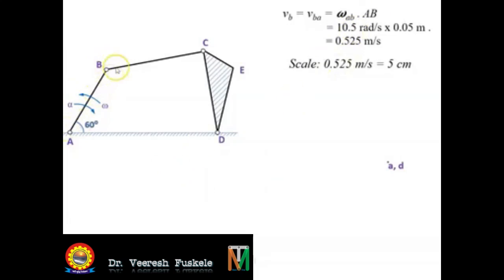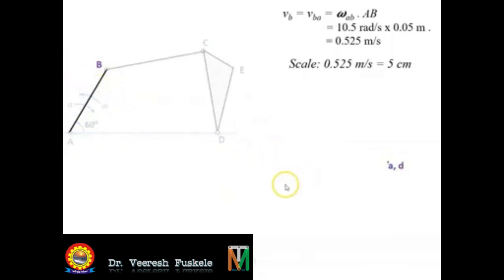So we need to draw a perpendicular to the link from this point A in the velocity diagram. We'll place a set square with one of its sides on this link AB and the other, perpendicular side passing through this point A, so that we can conveniently draw the perpendicular to the link AB.